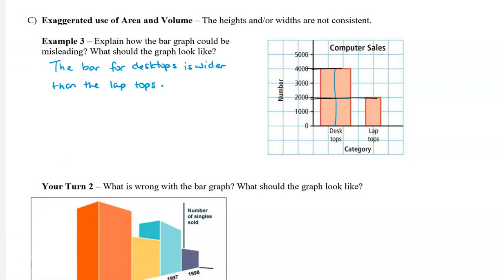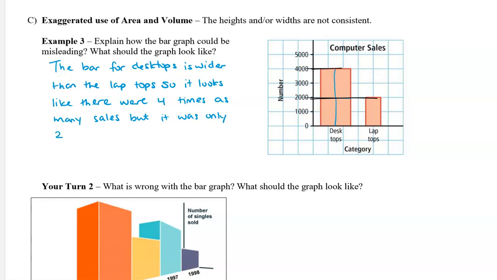So to add on to our explanation, we can say that the bar for desktops is wider than the laptops, so it looks like there were 4 times as many sales, but it was only 2 times.